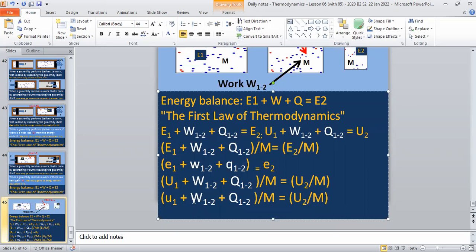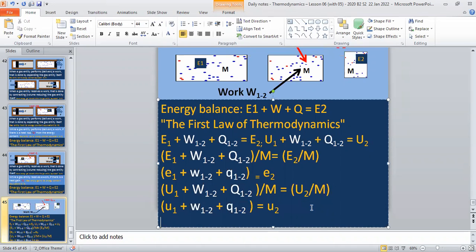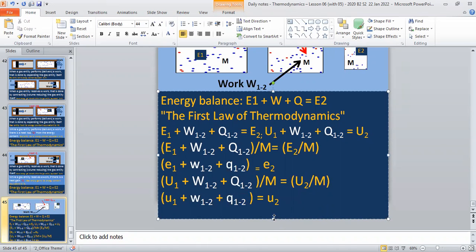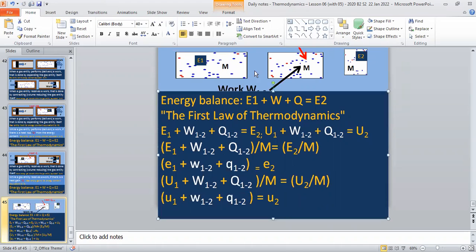U1, simple, W. So you know that these are specific values, meaning per unit mass. Big U2 by M means small U2. So that is for 1 kg. Okay, quite interesting.